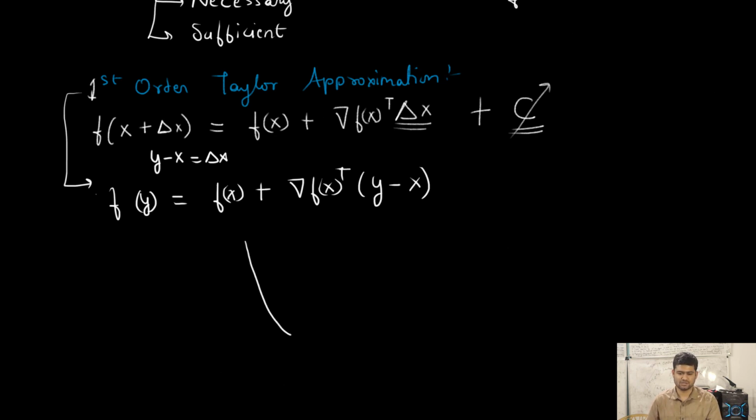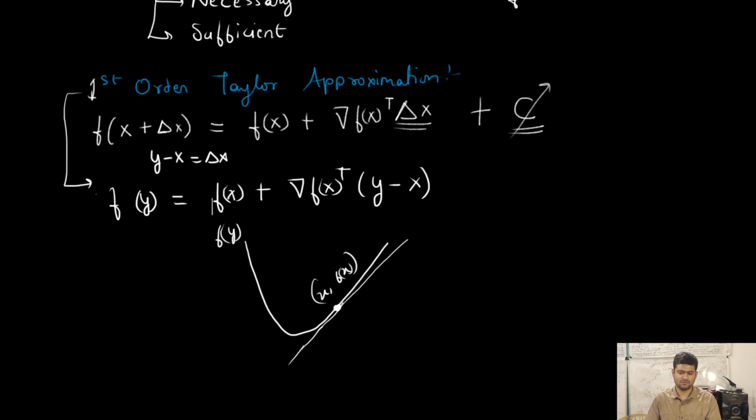So let's consider this is our function, this is f of y, and at any point x, if we take the gradient and linearize the function, that is, do a first order approximation at point x, we get this tangent, which has a slope, and it passes through x comma f of x.